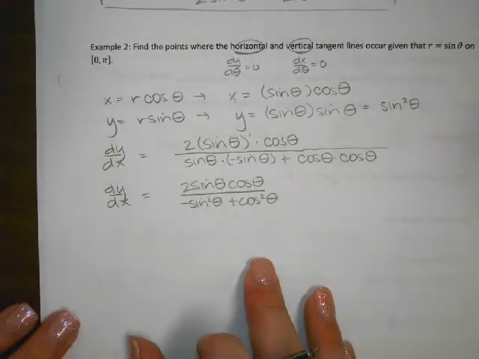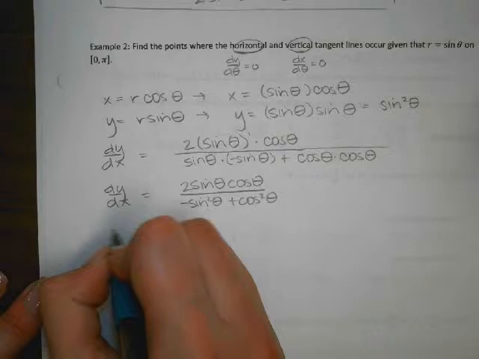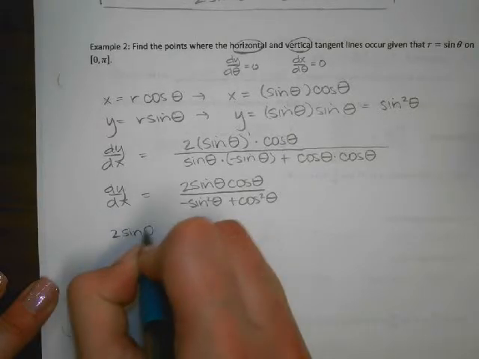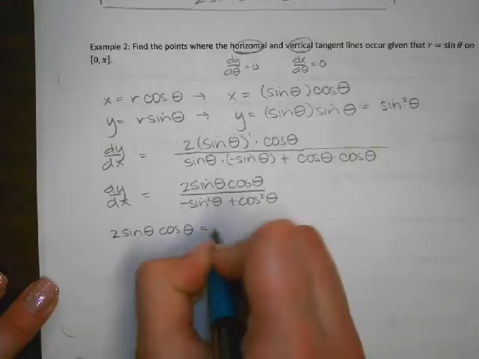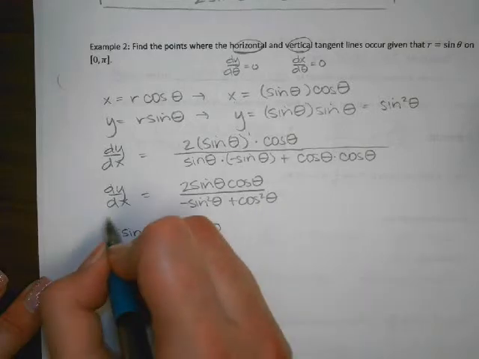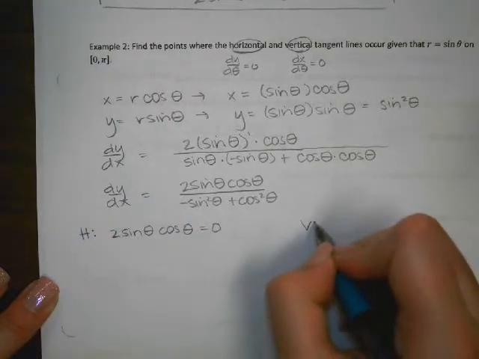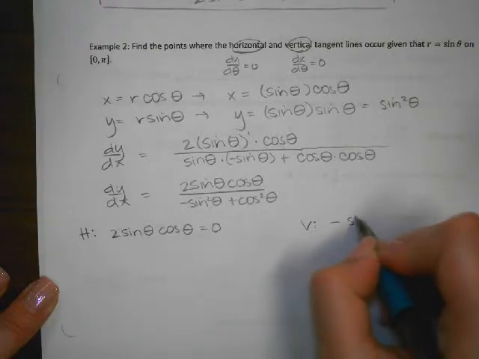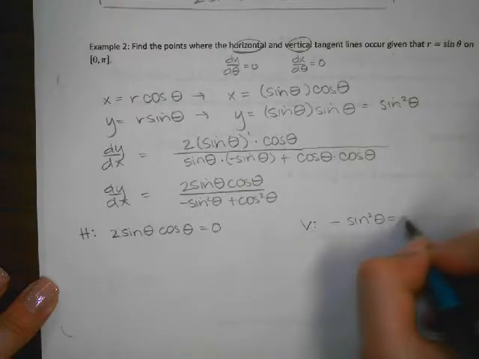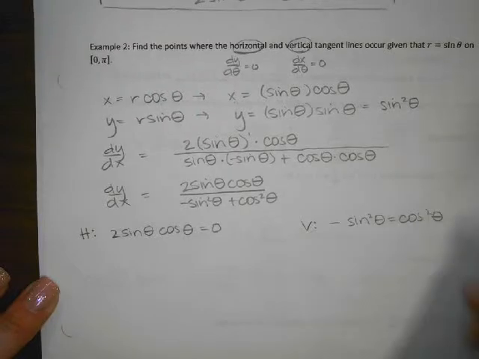Okay, so for me to check to see where the horizontal tangents are, I'm going to say 2 sine theta cos theta equals 0. So here's my horizontal tangents. For my vertical tangents, I'm going to say negative sine squared theta equals cos squared theta.